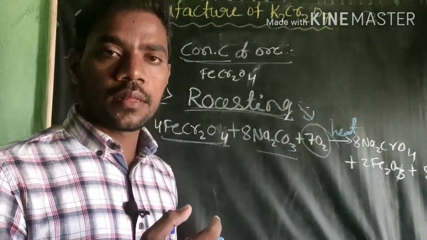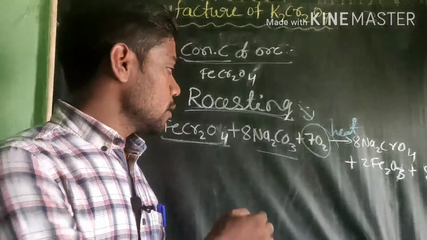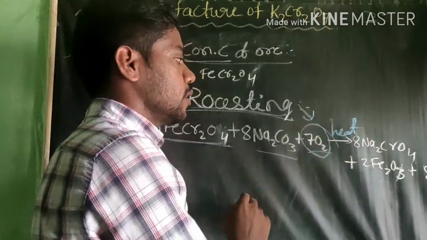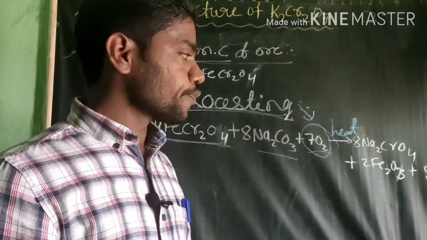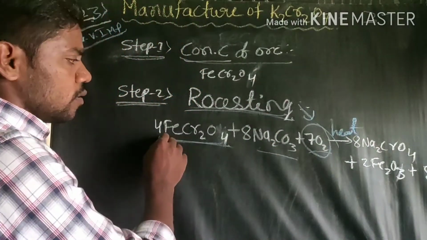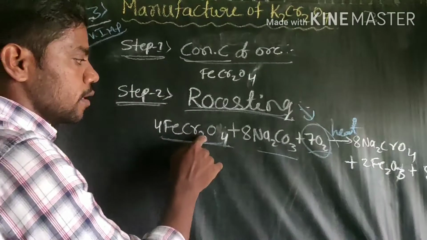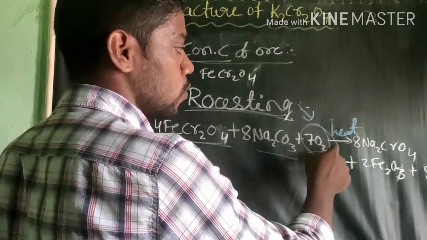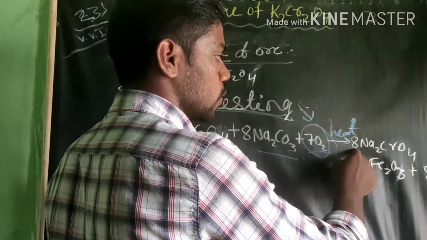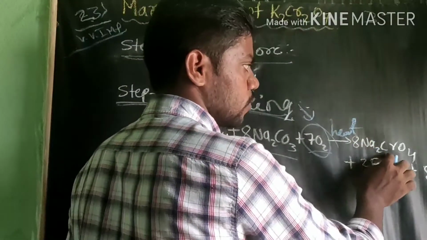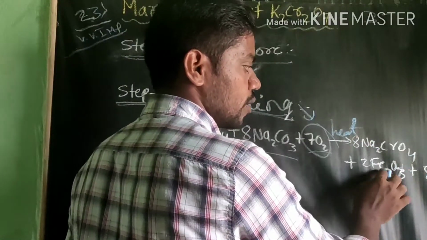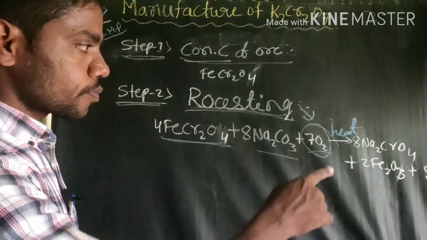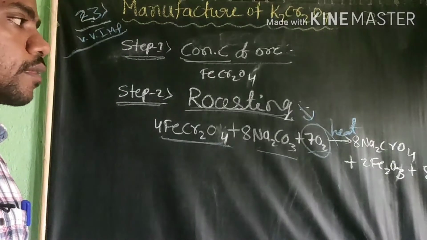Therefore, 4 FeCr2O4 plus 8 Na2CO3 plus 7 O2 on heating gives rise to 8 Na2CrO4, 2 Fe2O3 plus 8 CO2. This is the roasting step, dear students.